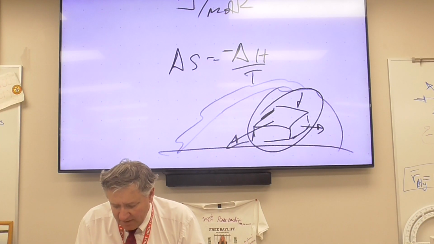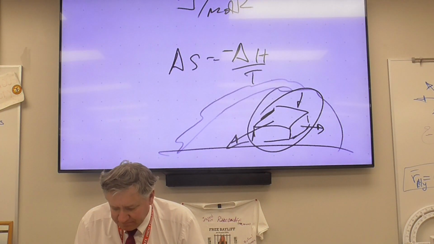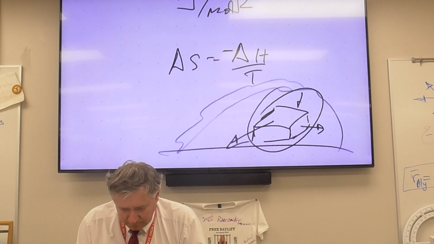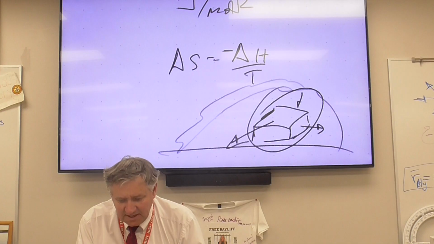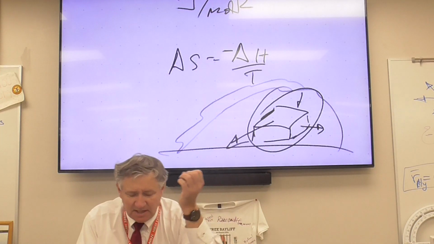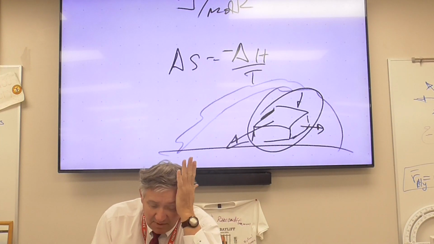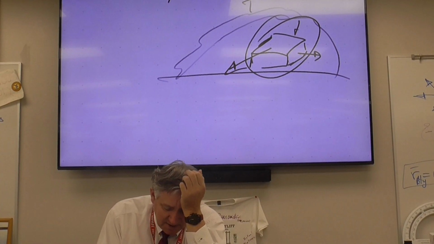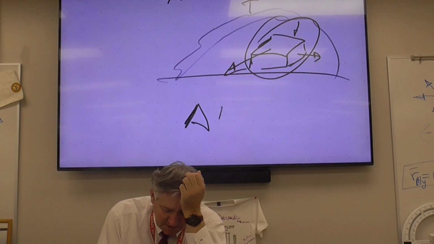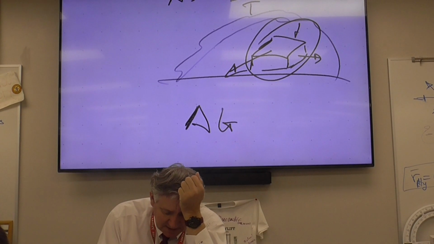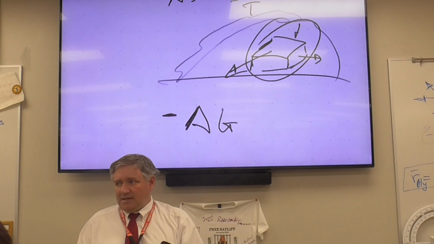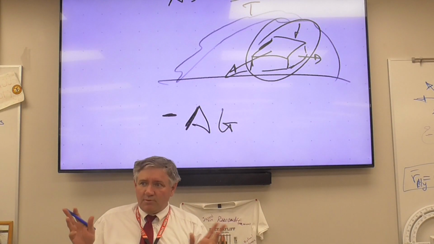So on 25, here's the basic idea. In a spontaneous reaction, there are a couple of things you need to focus on. One is that delta G is going to be a negative value. That's one of the most important things.